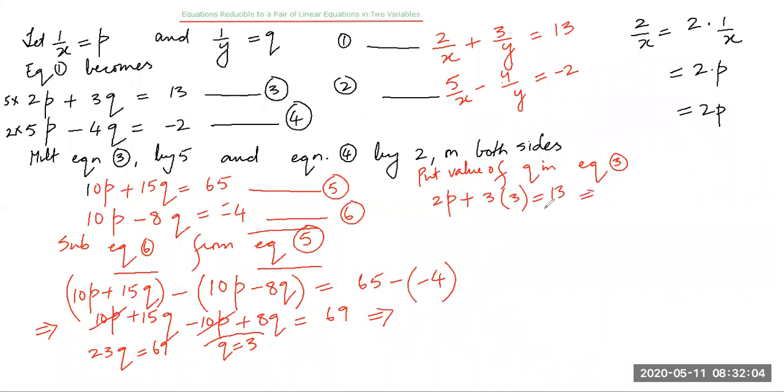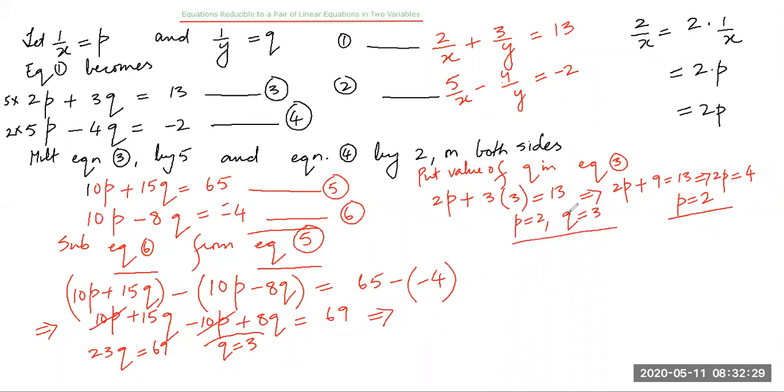So from this what I get? 2p plus 3 threes are 9 is equal to 13. From this, 2p is equal to 13 minus 9. How much? Guys, 13 minus 9 is 4. So I get p is equal to 2. So I got p is equal to 2 and q is equal to 3.